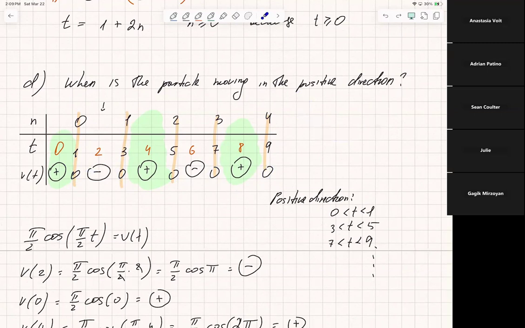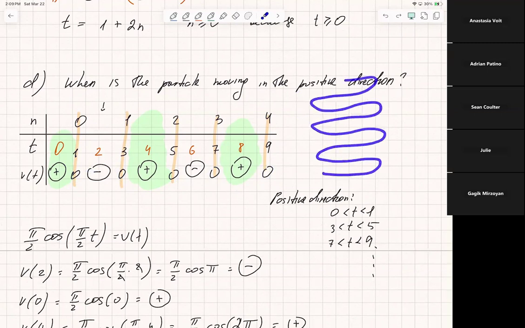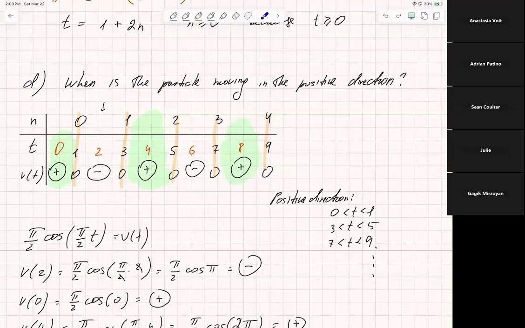So we might have something similar, or some kind of this type of movement. So we need to check when we are moving in the positive direction, or if we are, let's say, at the 0, standing at the 0, when is the particle moving away from us, depending how you want to write this setup.